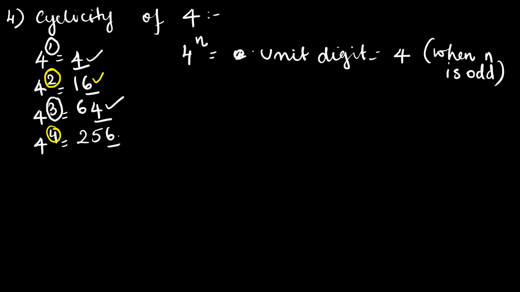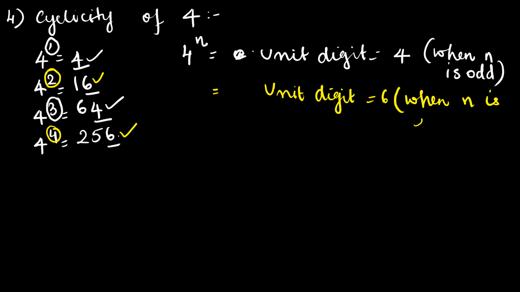The unit digit is 6. So this is the cyclicity of 4. For 4 raised to n, the unit digit is 4 when n is odd and it is 6 when n is even. So using this we can find the unit digit of 4.